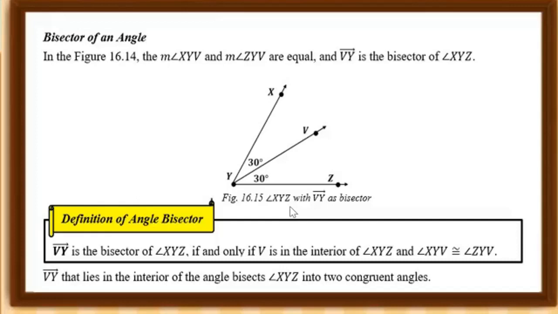Ray YV is the bisector of angle XYZ if and only if V is in the interior of angle XYZ and angle XYV is congruent to angle ZYV. So ray YV lies in the interior of angle XYZ and bisects it into two congruent angles.